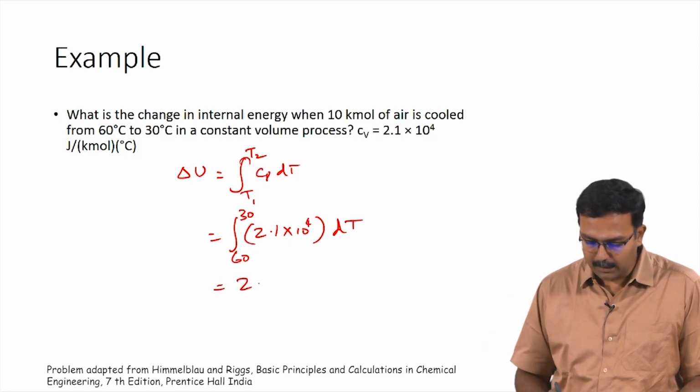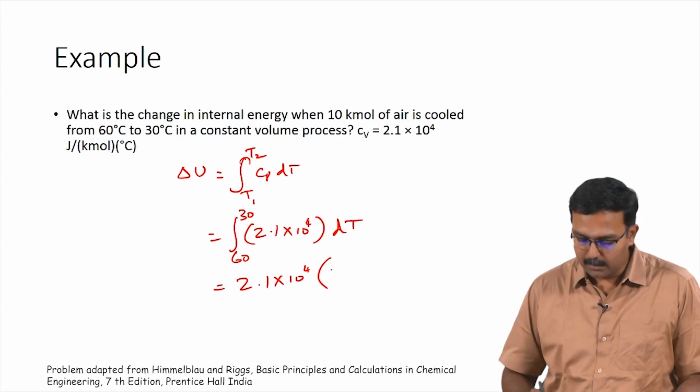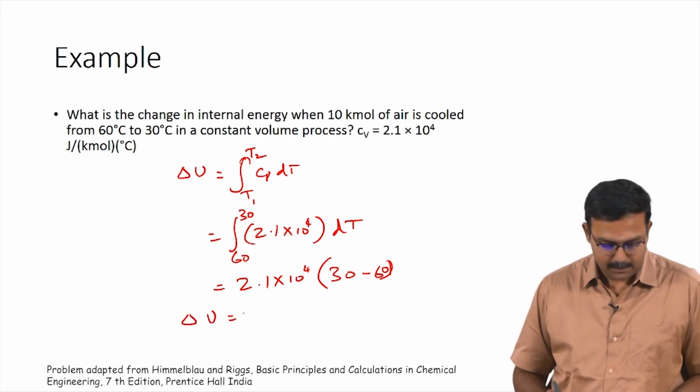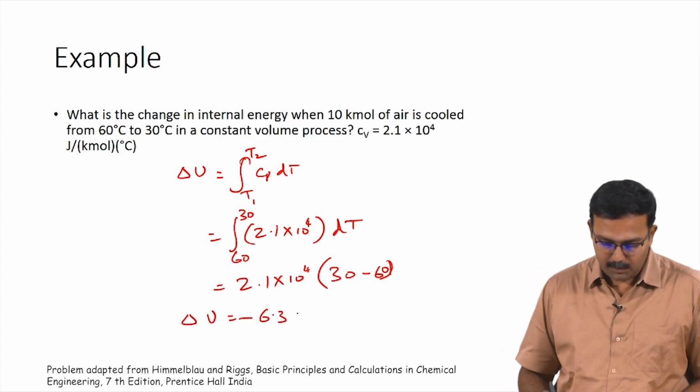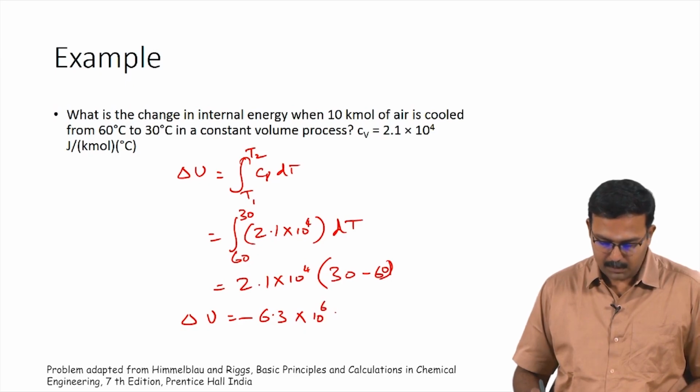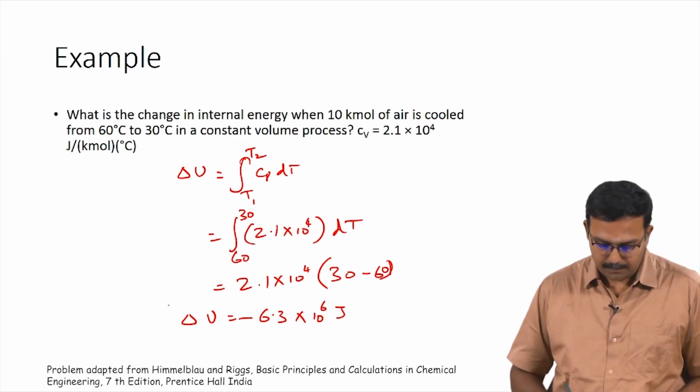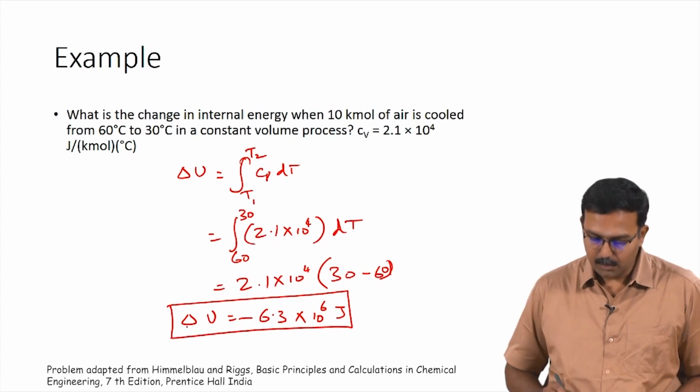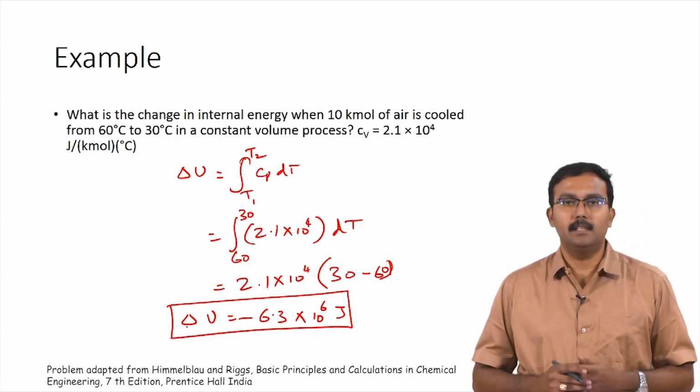So, this is calculated as 2.1 times 10 power 4, and this would be 30 minus 60, giving you delta U as minus 6.3 times 10 power 6 joules. So, this is the change in internal energy.